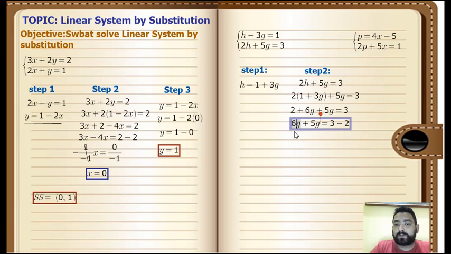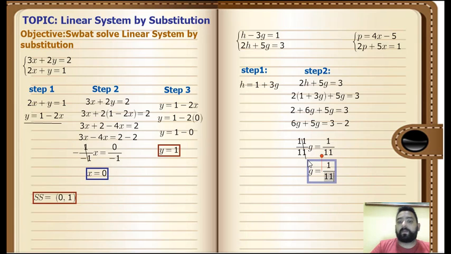So 6 plus 5 equals 11, so 11g equals 3 minus 2, which gives us 1. And then you divide both sides by 11. 11 over 11 gives us 1, and we have the value for g, which is g equals 1 over 11.